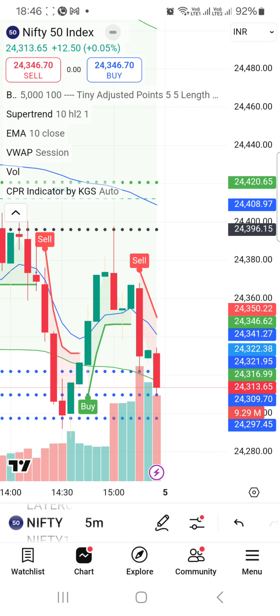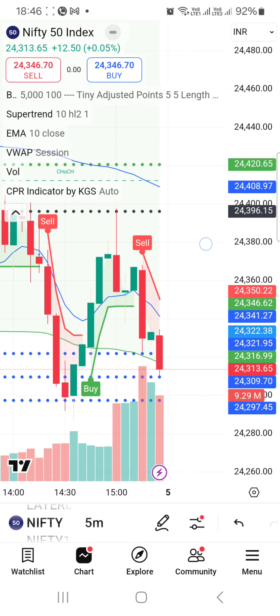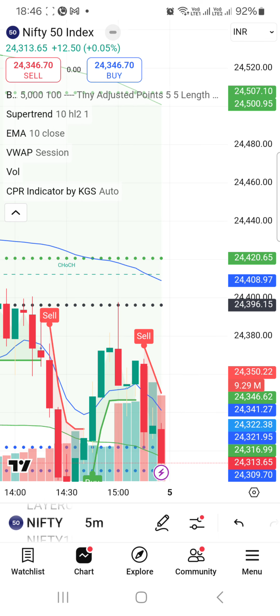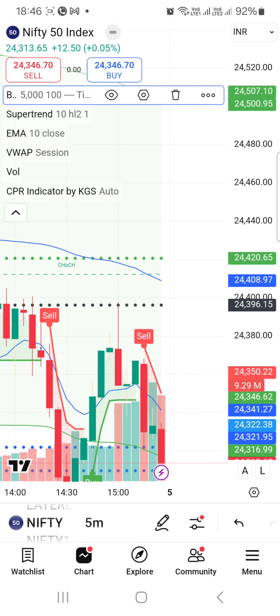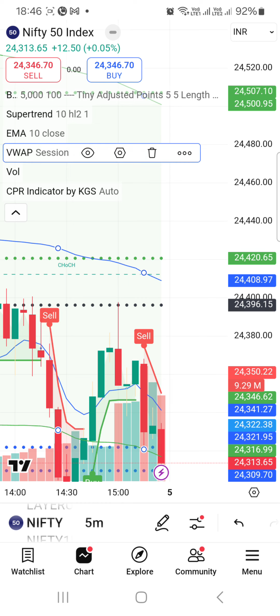It is represented as the number of people buying that particular strike price, and whether the market will move up or down will be calculated by VWAP. VWAP has bands also. You can see VWAP at 24408, this blue line.